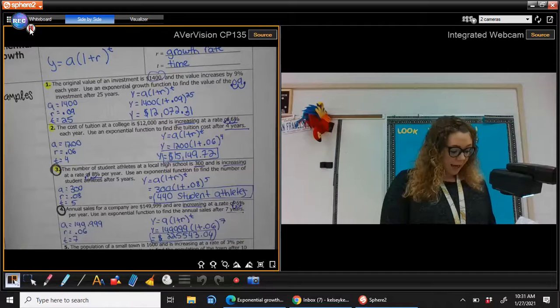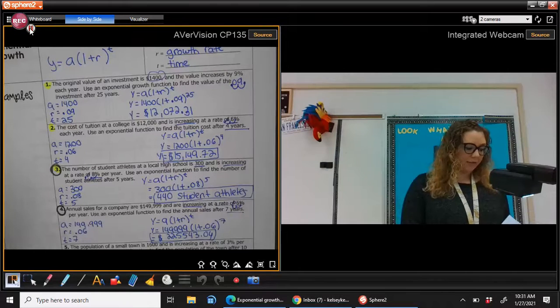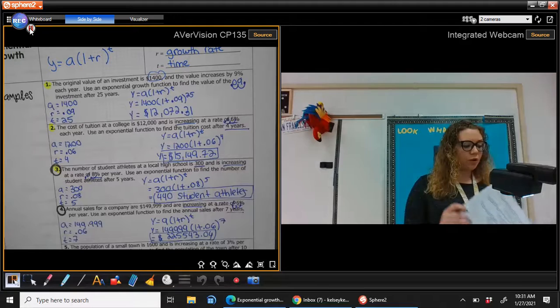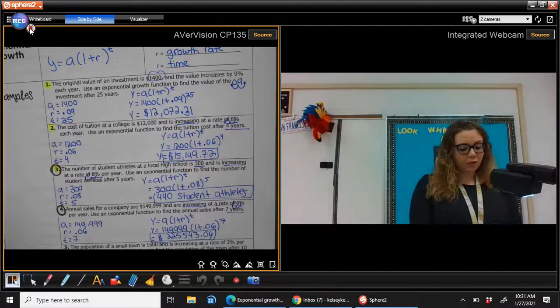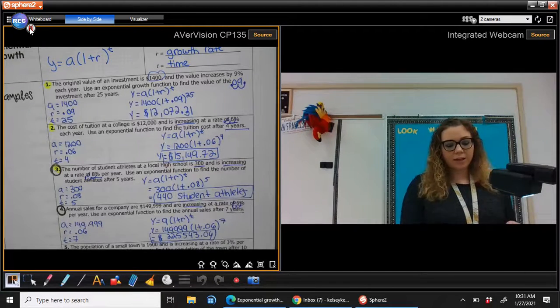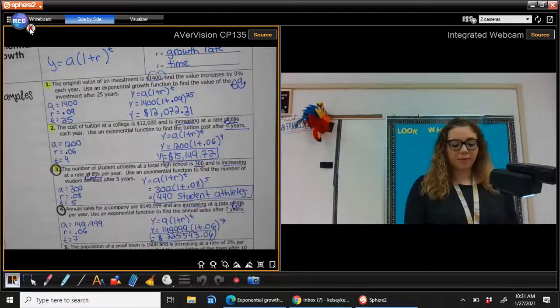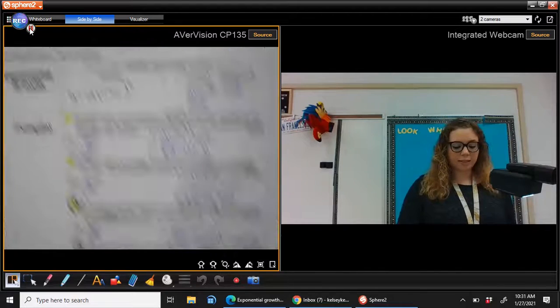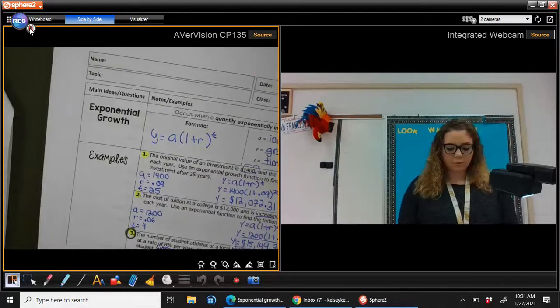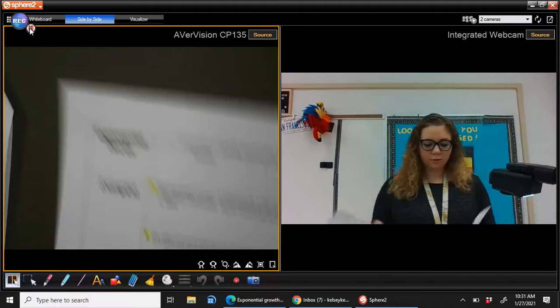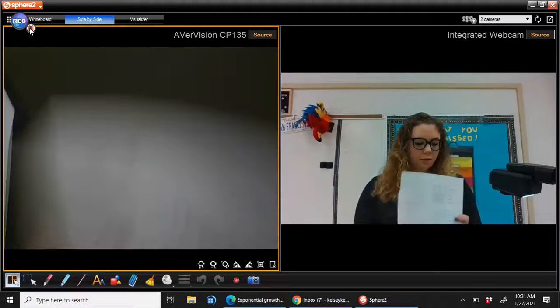For decay, it is very cool for exponential decay because all you do to the formula is you make this plus a minus. Now we're going to look at decay.